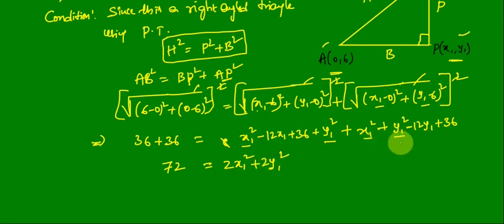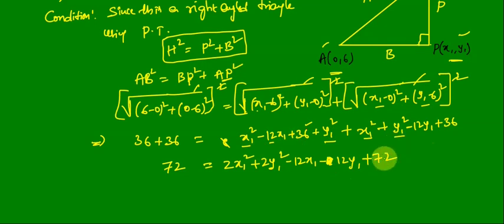Now comes the x1 terms. The x1 term is minus 12x1. Then comes the y1 terms, minus 12y1. Okay, then comes the constant. See here 36 plus 36, here also 36 plus 36, that is 72.